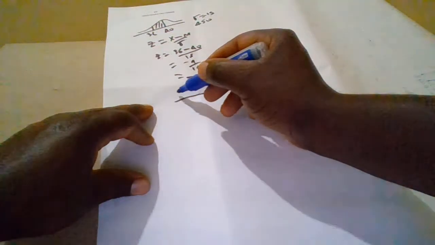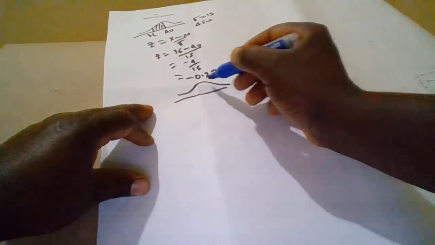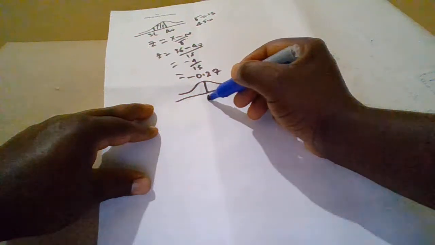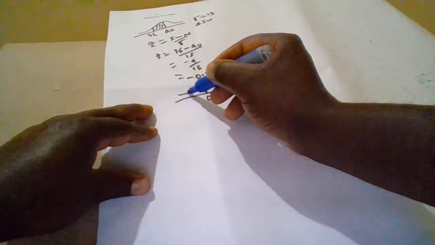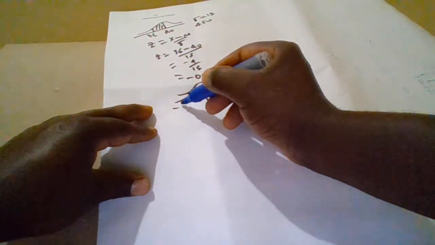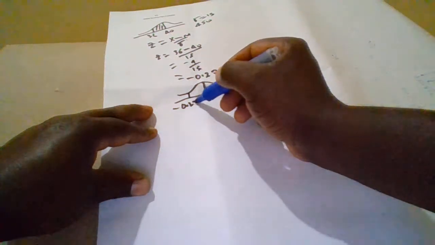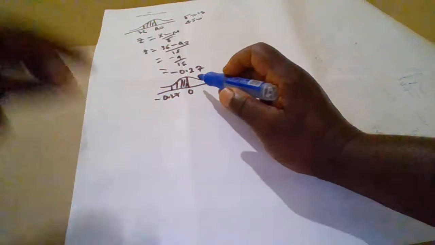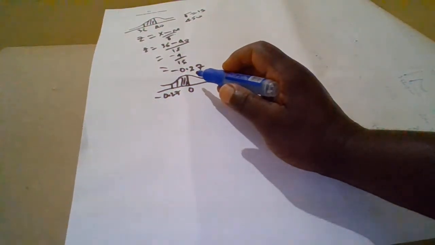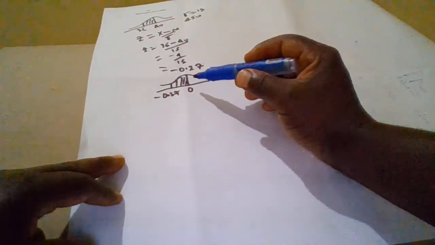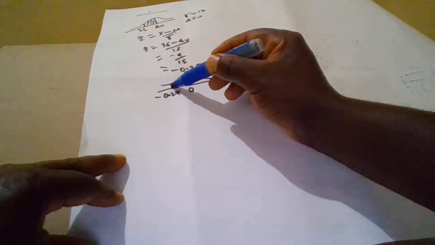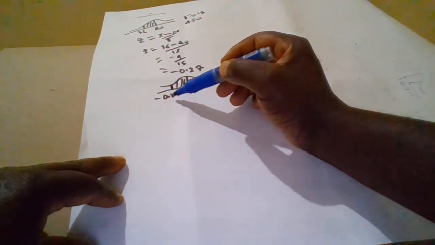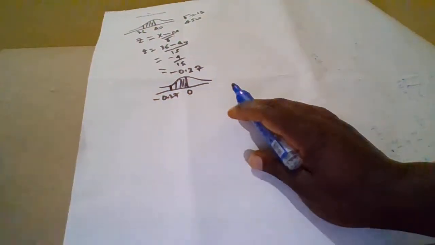So it will be like that. The standard curve has a mean of 0, and then this will be negative 0.27 like that. So with the standard curve we can read off from the table the area for negative 0.27.